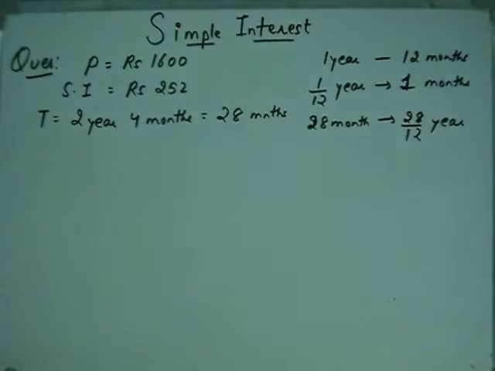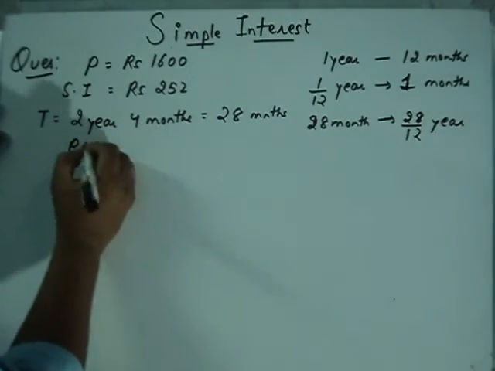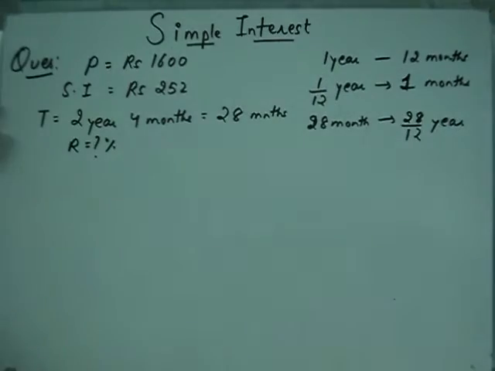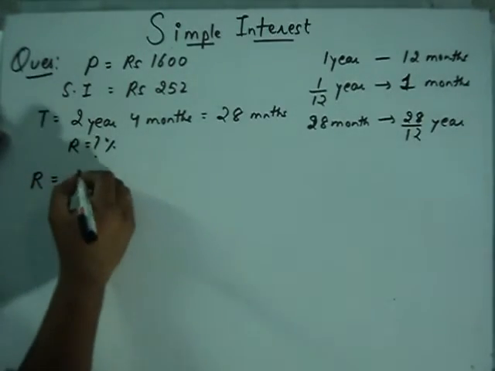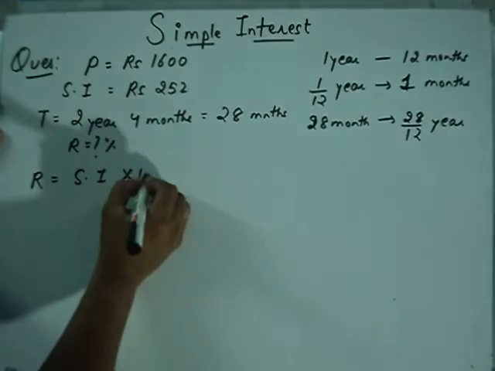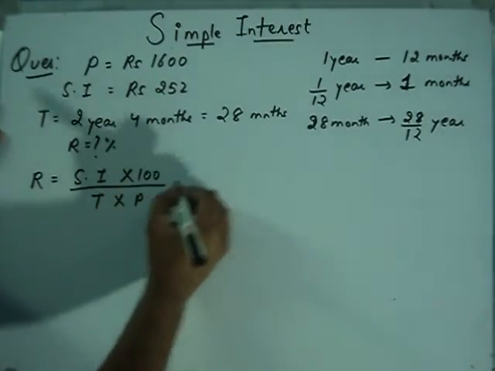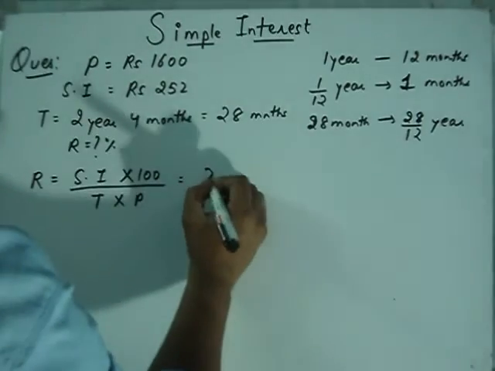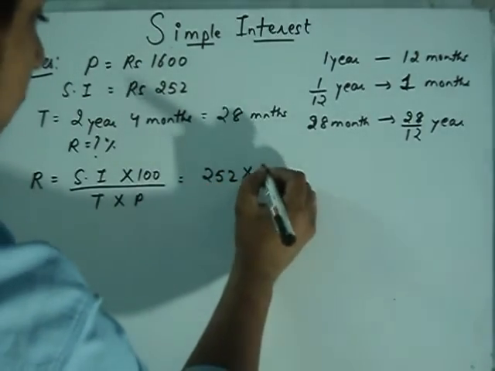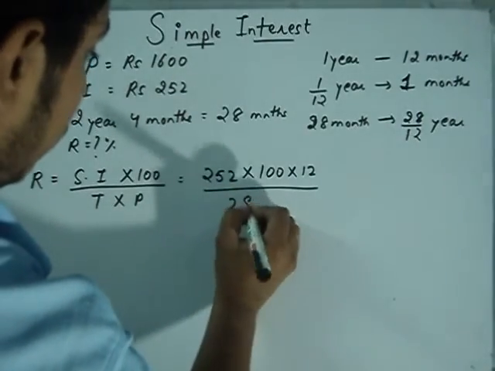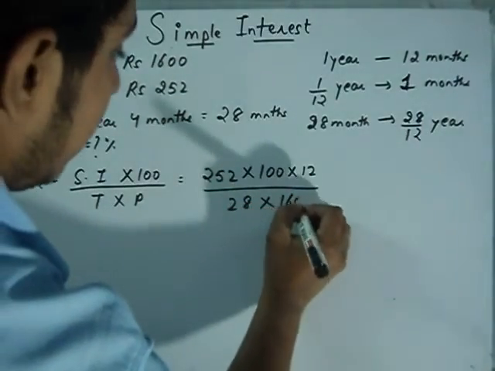We have to calculate our rate of interest. As we know, rate equals SI into 100 divided by time into principal. So our SI is 252, into 100, and we have 12, 28 and 1600.